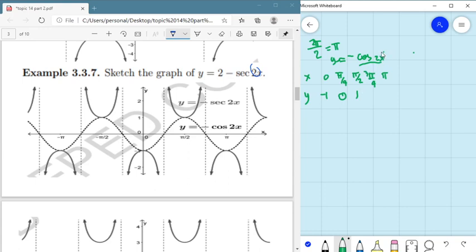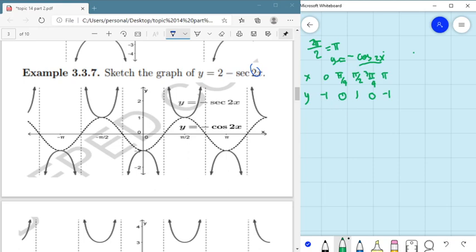Next is 3 pi over 4. So 2 times 3 pi over 4, the 4 and 2 cancel, so it becomes 3 pi over 2. Cosine there is 0 times negative is 0. And 2 times pi becomes 2 pi, cosine there is 1 times negative, so it becomes negative 1.